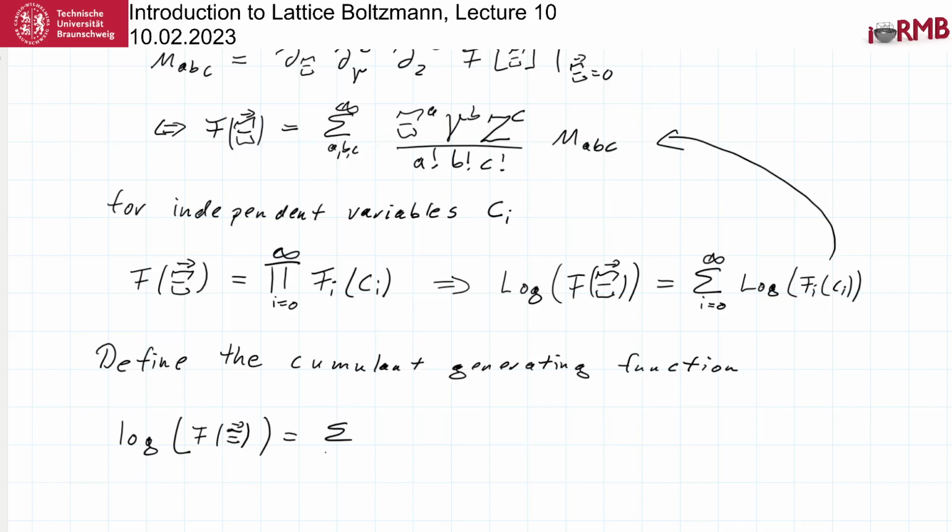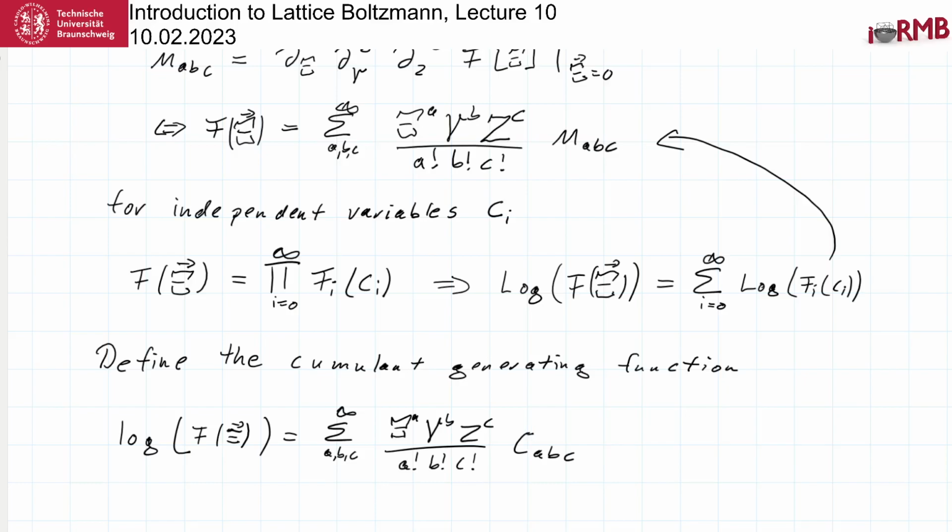And then this expansion goes in a, b, c to infinity, and we have xi to the power of a, upsilon to the power of b, theta to the power of c, and of course a factorial, b factorial, c factorial, and kappa_abc.